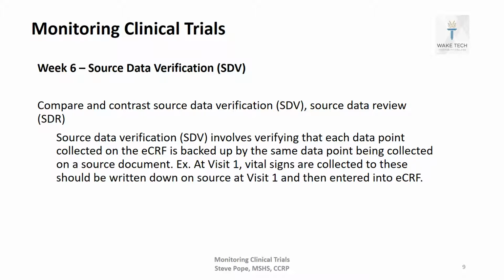So if you've got any kind of conflict between what's been recorded on a source document and what's been entered into an EDC system, then you should enter a query into the EDC system and indicate in your query that the source data indicates this data.